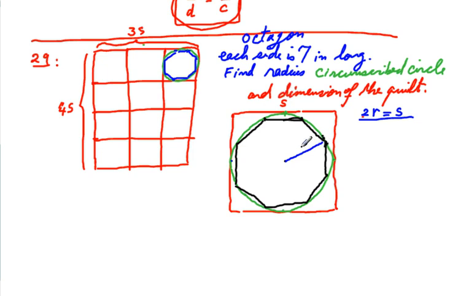Take this radius r and connect it to the length of the side of this octagon. Let's just write it here. So the side of this octagon is 7 inches. The question is, if I know this side to be 7 inches, can I find a way to figure out the radius? And if I find the radius, if I double it, I'm going to find the side of the square. And once I have that, I'm going to triple it and quadruple it to find everything I want.